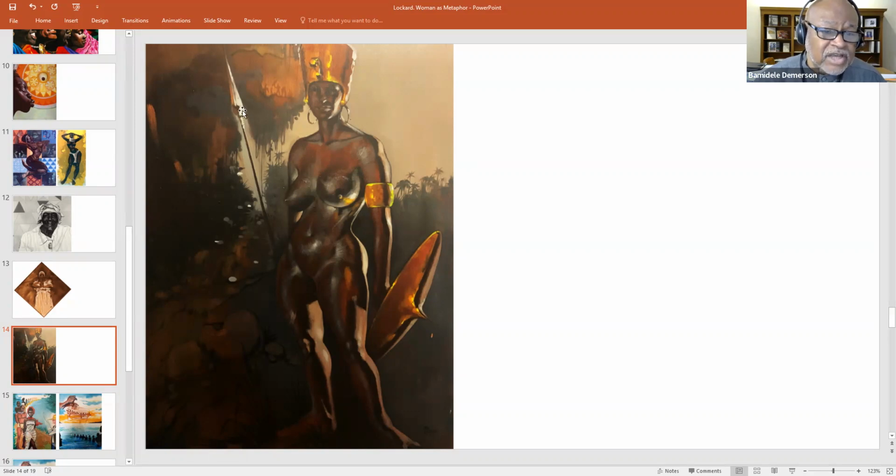And so we see the javelin in her right hand, and in her left hand, she's holding the shield, which appears to be modeled in some ways on those of ancient Europe. It's gold in color or brass in color. She has the armlet, and she also has a crown.